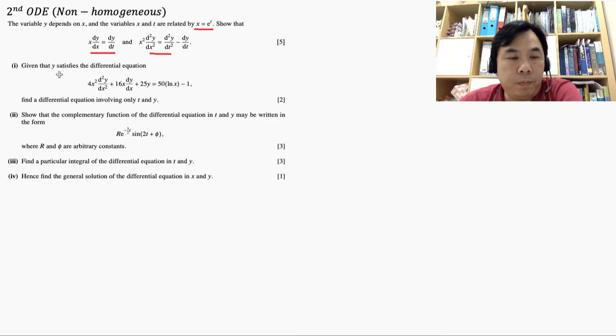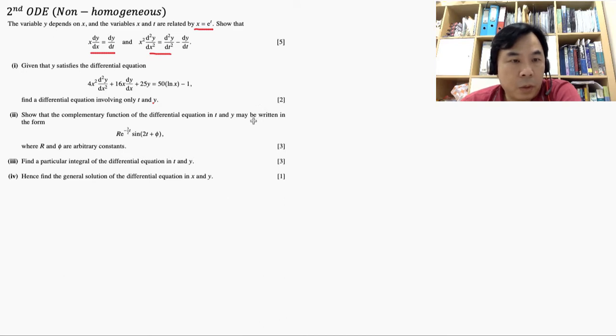And then next, once we are able to prove this, then for the next section, we are going to transform this section here into another differential equation that involves only t and y. Right? Now, once we have done that, we are going to evaluate the complementary function of the differential equation in t and y, and then we're going to rewrite this solution in this form here, where r and phi are arbitrary constants.